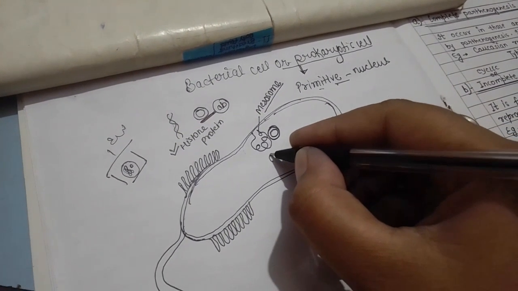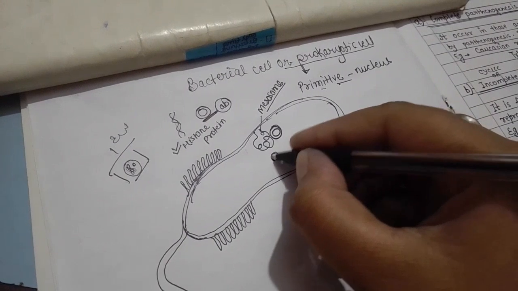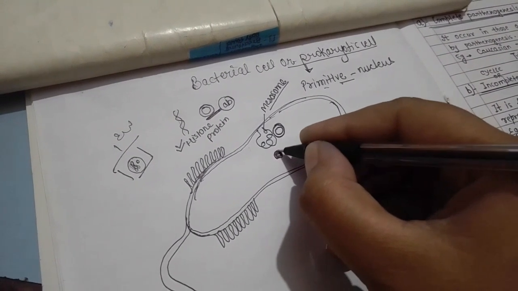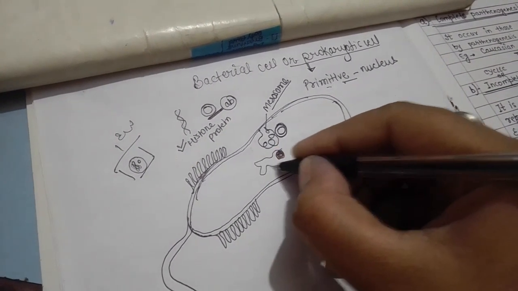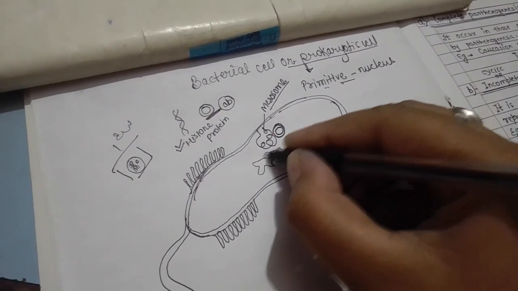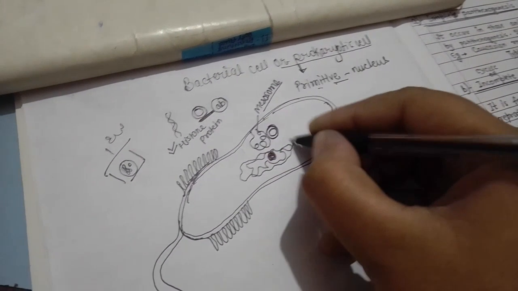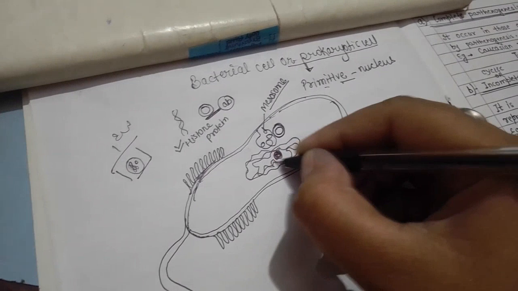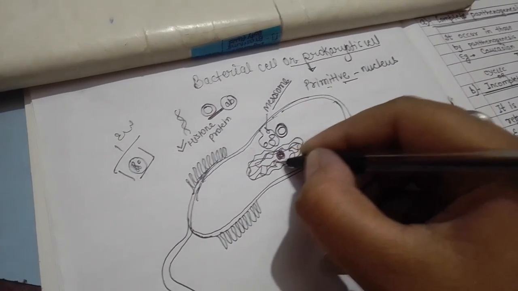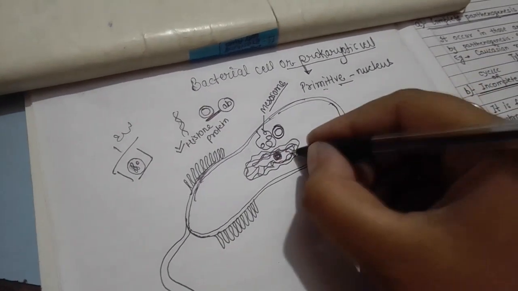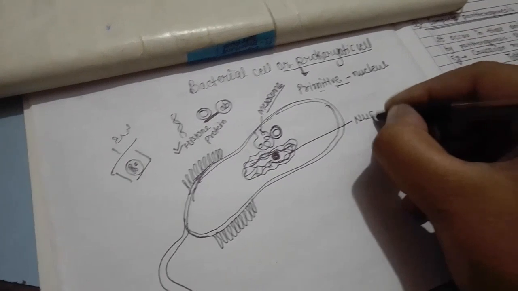And here the material present inside is just spread like that, because they don't have any membrane-bound structure, so it is called the nucleoid.